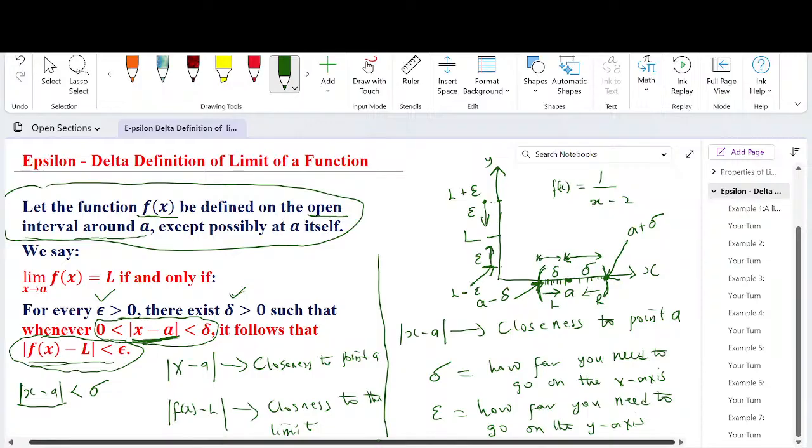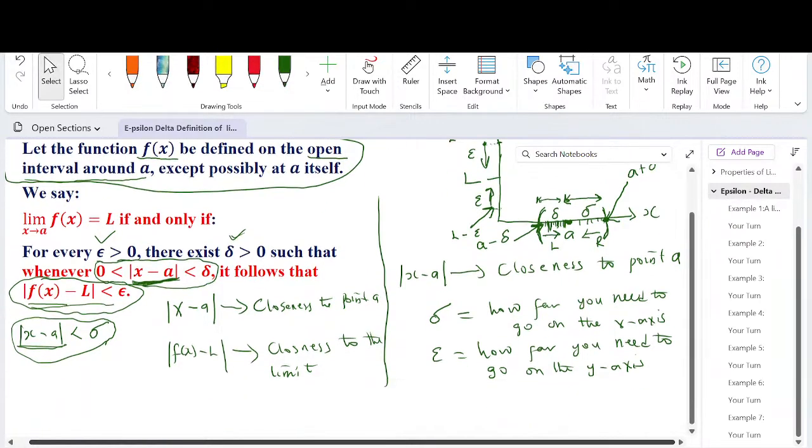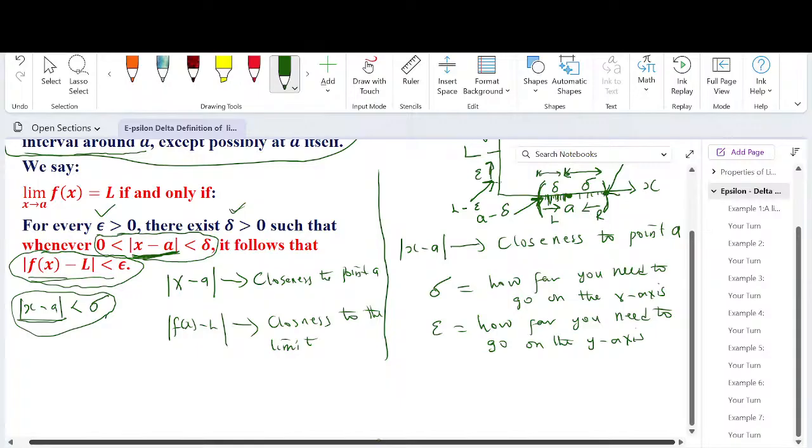It could be any of these lines in this diagram. That is what it's saying. This one is the closeness, and everything here is telling me that the closeness must be within the delta value. Now, if you have f of x minus L, I said this is the closeness to the limit.